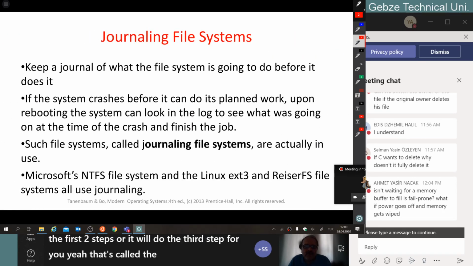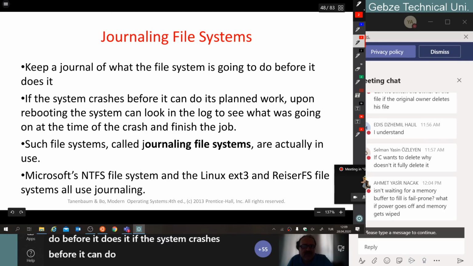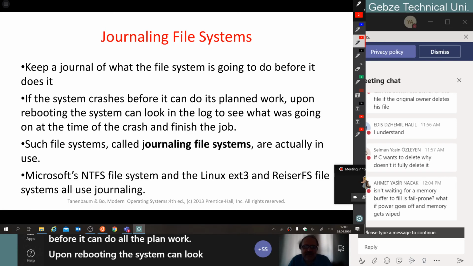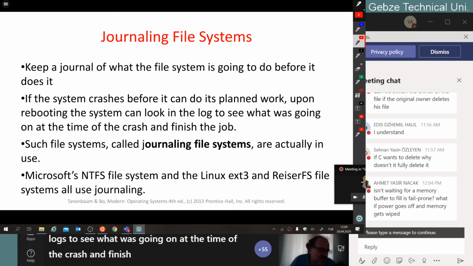Keep a journal of what the file system is going to do before it does it. If the system crashes before it can do all the planned work, upon rebooting, the system can look in the log to see what was going on at the time of the crash and finish the job. Either it will finish the job or it will undo whatever you were trying to do.